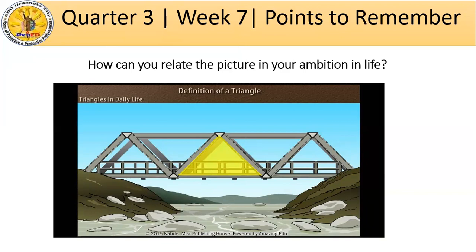Sometimes we are full of ambitions, but before we achieve it, we should cross the bridge first and face the challenges that we will come across on our way in order to become successful in life. So you see, there is a relation between the triangles that you can see on the bridge and your ambition in life.